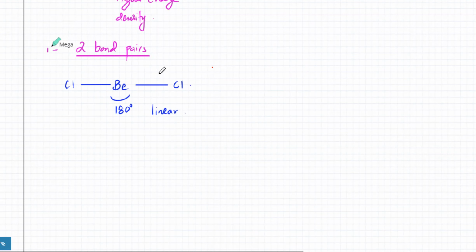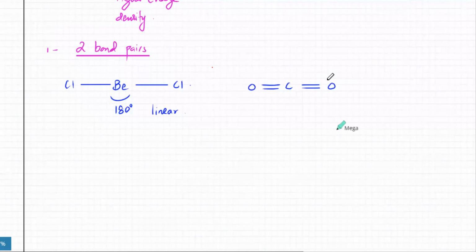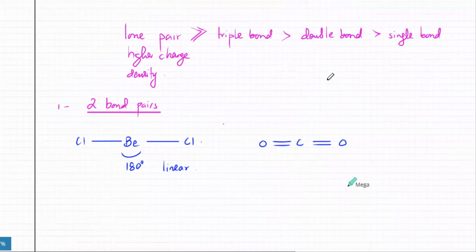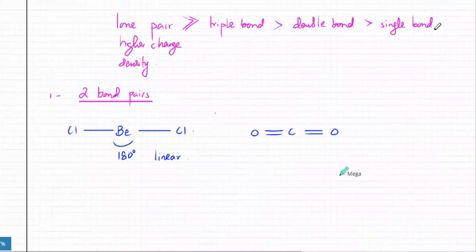Also remember the way you count bond pairs. Let's say carbon dioxide. This is also two bond pairs. What you should learn is to think of triple bonds, double bonds or single bonds as one thing, because the electrons are together.